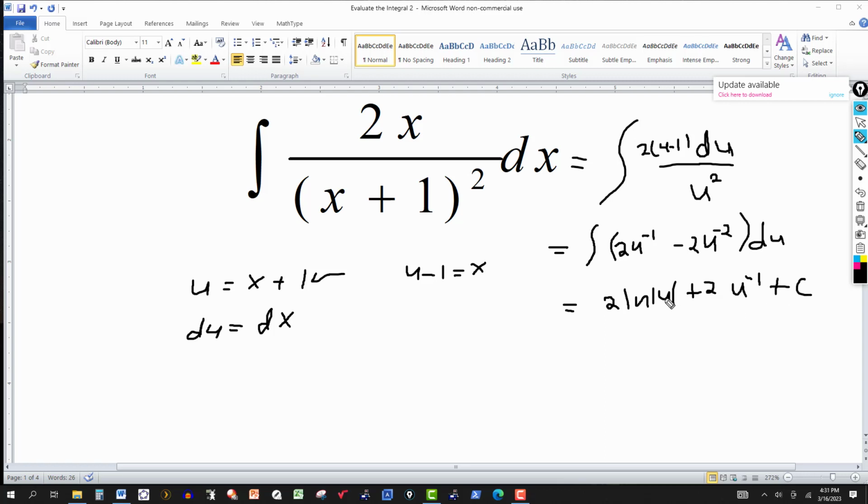So now all we have to do is go back to the original variable. Doing a u-substitution, or a trig substitution in some cases, you always want to go back to the original variable. So this will be ln of absolute u, and u is x plus 1.